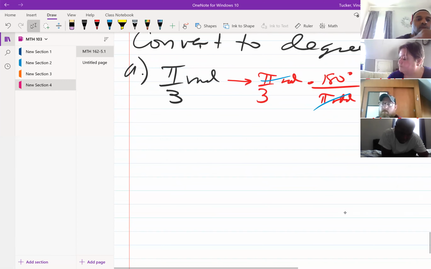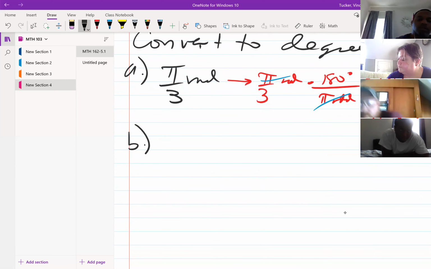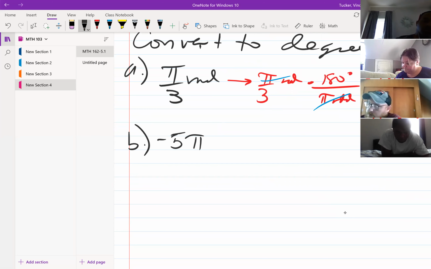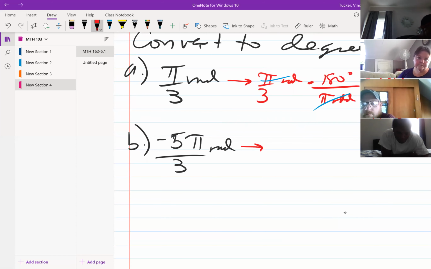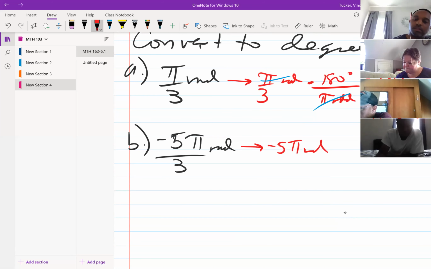Any problems? All right, so negative 5 pi over 3. Same process.